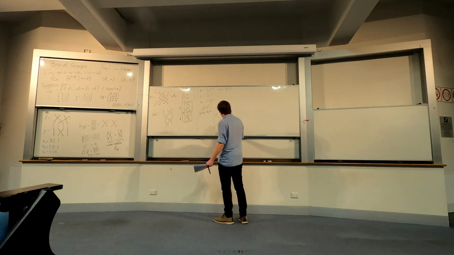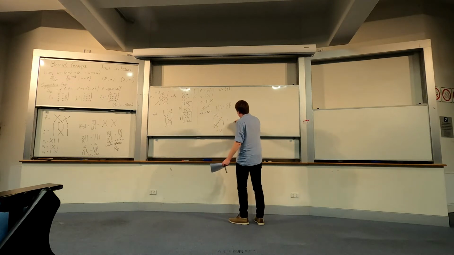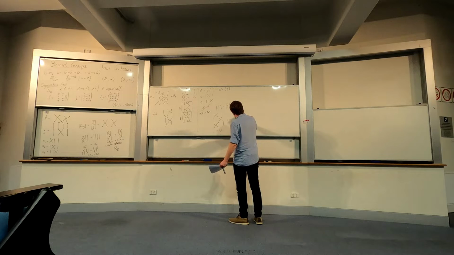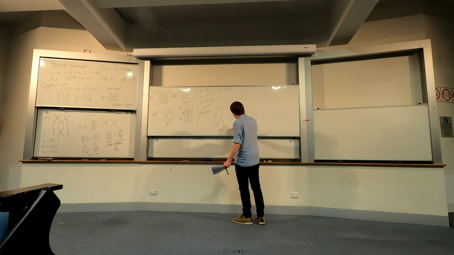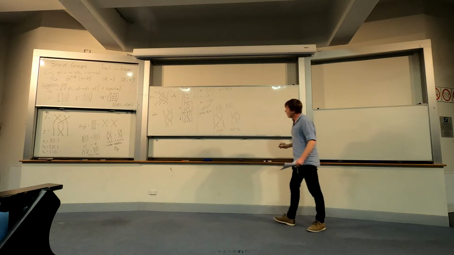So this is sigma 1, sigma 2, sigma 1. And this is going to be equal to this one here, right?